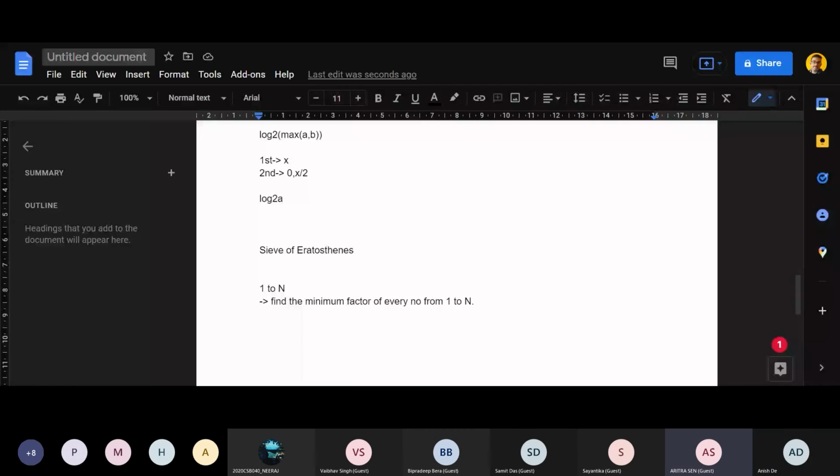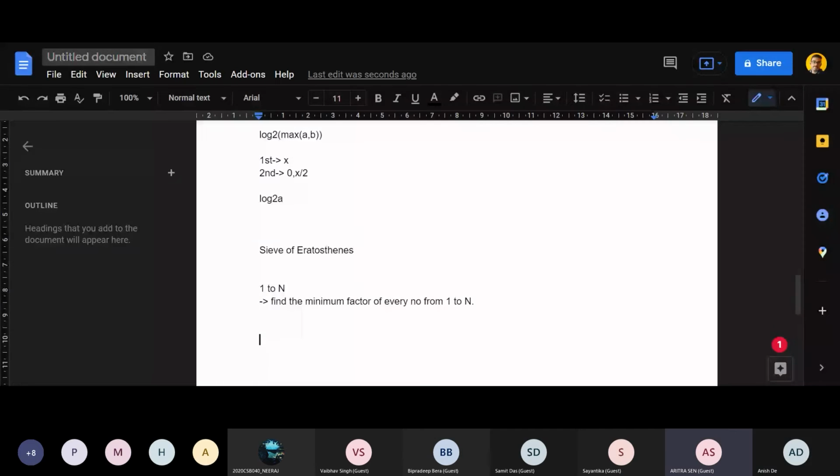We will iterate from i equals 2 to square root of n, and when n modulus i equals 0, we will just take the value of i. So what will be the time complexity for that algorithm?